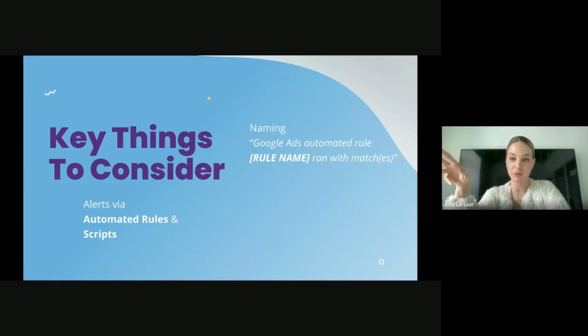And only then does it display the name. So if you want the subject line to also show you what the alert is, it makes sense to front load the name of the automated rule so that even if a part of the subject line is cut off due to character limits or you looking at it on your phone, as one does during summer, then you make sure to put the most important information about the alert at the very beginning of the automated rule name. So a little thing to keep in mind, because then you clock it quicker, what's up, and can take action and ignore the ones that maybe aren't as important.